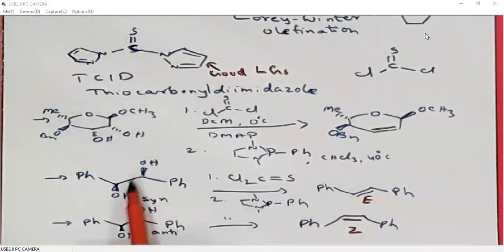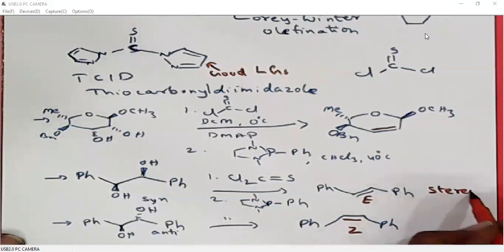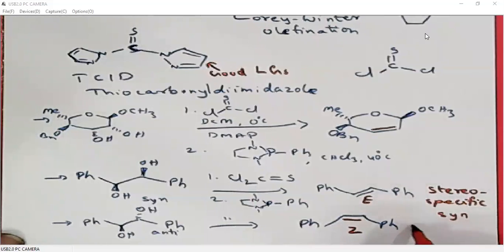This is a syn diol, so whatever the zigzag fashion is there, we will get the same stereochemistry. But when we have an anti-diol, we need to change this. So that is why we will get a cis double bond. So this is a stereospecific syn elimination.